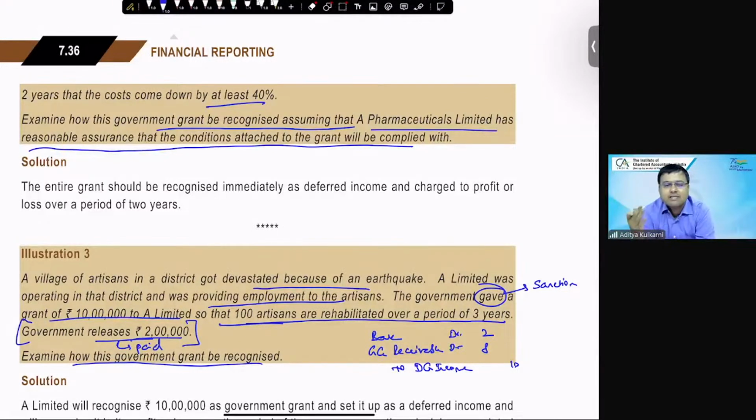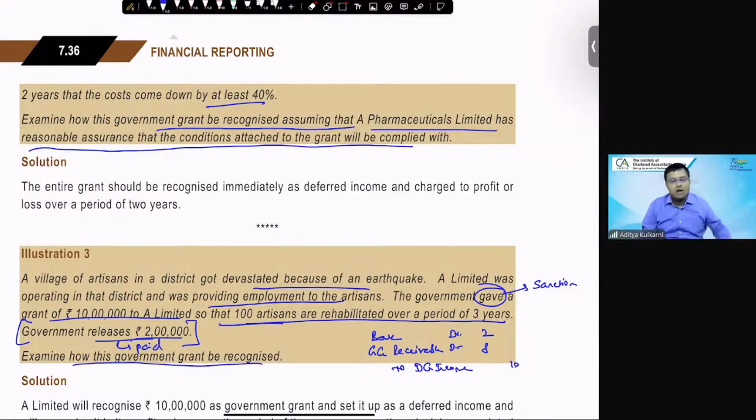Or there could be some other interpretations who will say that the government gives 10 lakh to the entity and the government by itself is paying 2 lakh for rehabilitation. Okay. So government 10 lakh is different, 2 lakh is different. 2 lakh goes for rehabilitation by the government. 10 lakh will be paid to the entity who does the rehabilitation by itself.